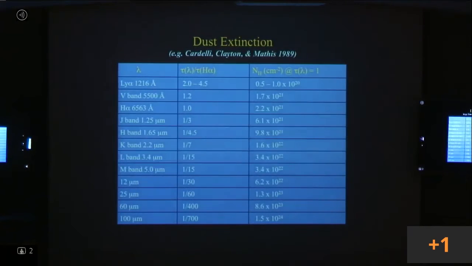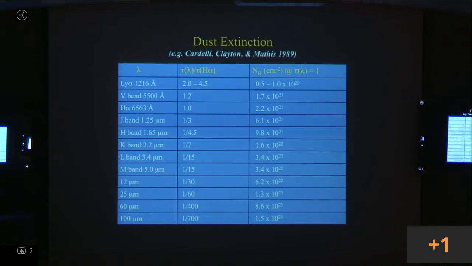I don't think I need to justify the need to go to a longer wavelength. Just look at the column density in H-alpha for an optical depth of 1. You really only get a column density of 10 to the 21, and so you're very sensitive to dust. And this was one of the criticisms of the work that has been done in the optical: what about dust?